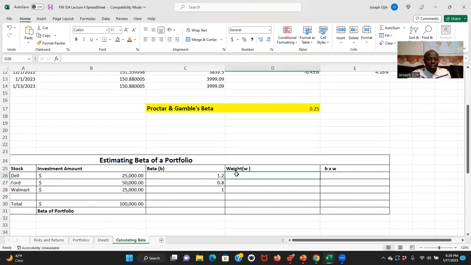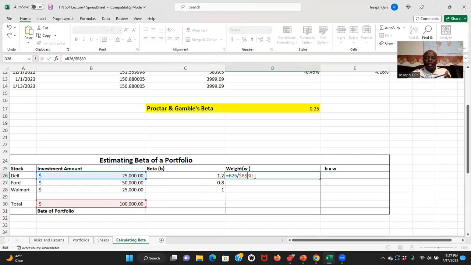The weight means dividing each of these by the total. So we have the equal sign, this divided by the total of this. Now, to make sure that it does not change but stays the same, I'm going to put a dollar sign here, in front of both the row and the column.